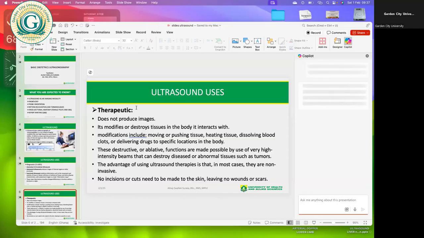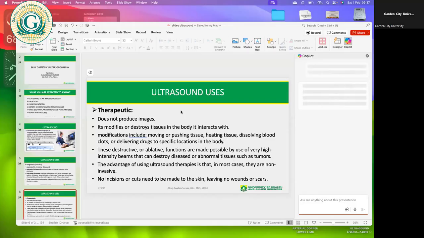Then we have the therapeutic ultrasound. The therapeutic ultrasound does not produce images, unlike the diagnostic ultrasound. The therapeutic ultrasound helps modify or destroy tissues in the body as it interacts with it.